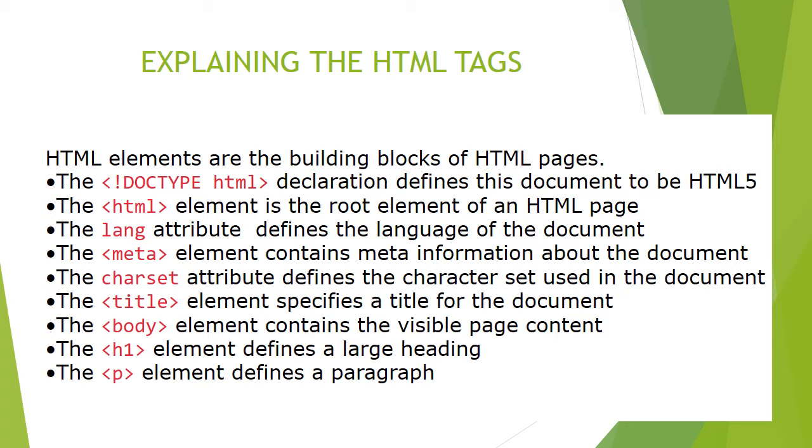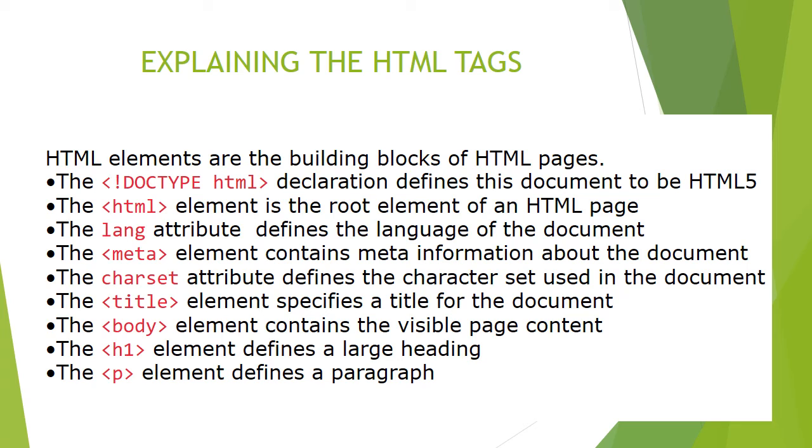As I've said earlier, when you browse a website, the title of the page is often displayed at the title bar of your browser. Now the body element contains the visible page content, the design of a website, how beautiful it is, and everything is contained under the body element or the body tag. And the H1 element defines a large heading.